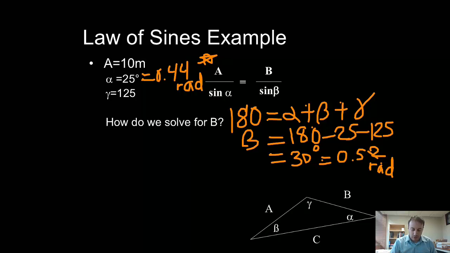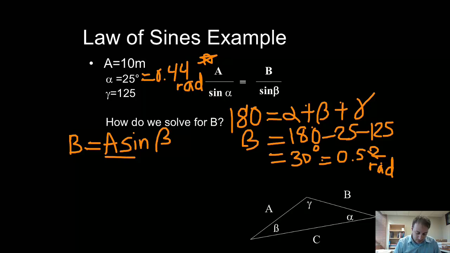Now let's rearrange our law of sines equations here to solve for B, where B is equal to A sine beta over sine alpha.